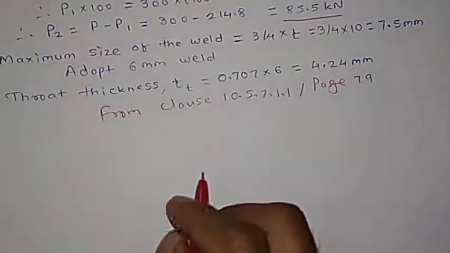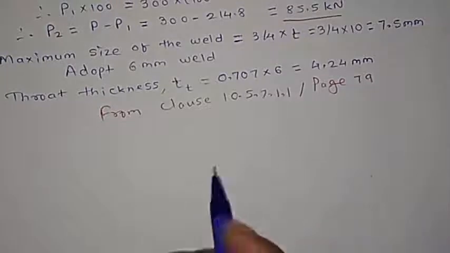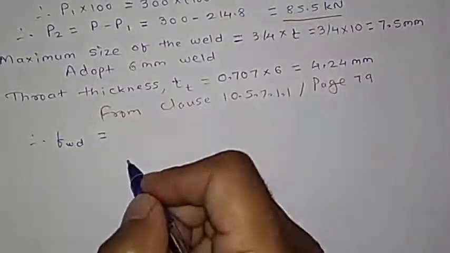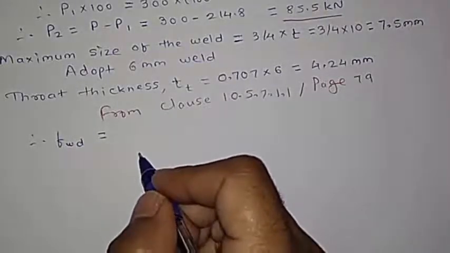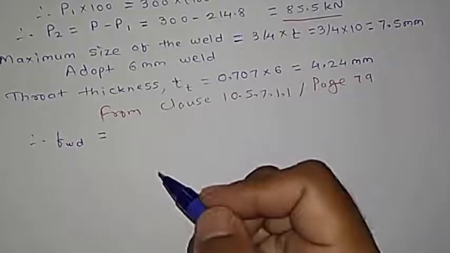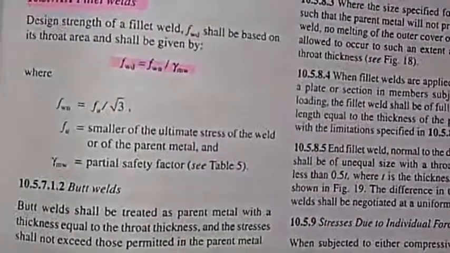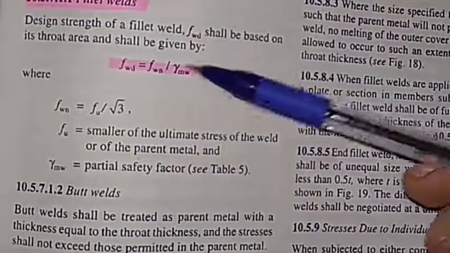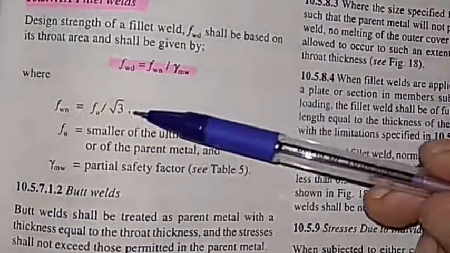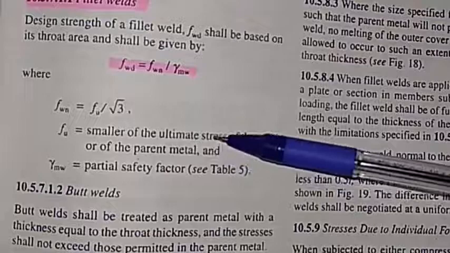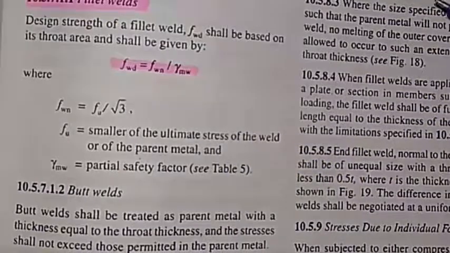We do have the strength of the weld, which is denoted by FWD. Therefore FWD equals to, let's show you the same thing. So this is FWD, the design strength of the weld. FWD equals FWN by gamma MW, the partial safety factor. FU by root 3, FU being the smaller of the ultimate stress of the weld, and this is the partial safety factor.